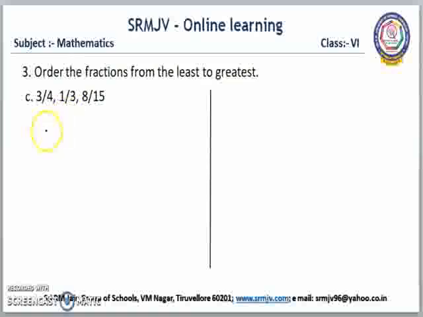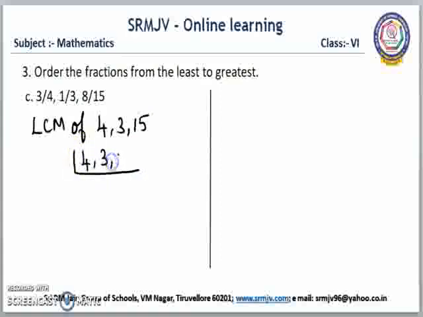To convert them into like fractions, first we have to find the LCM of the denominators, that is 4, 3 and 15. Already you learned to find the LCM. Now we have to use the L division. 4, 3 and 15. Here, first we have to check whether all the three numbers have a common factor.